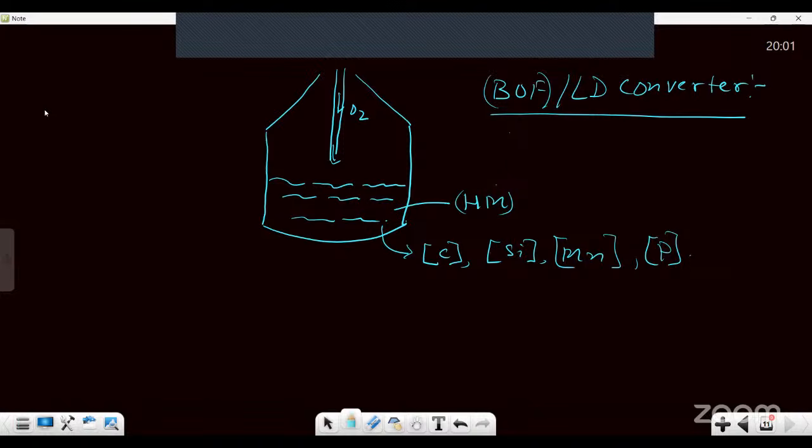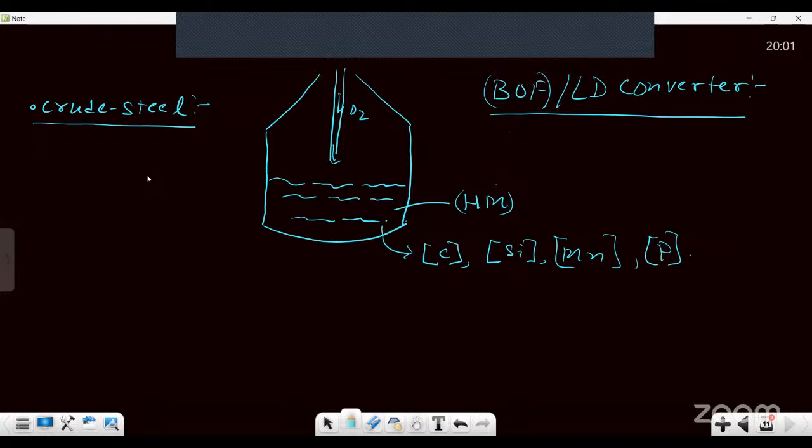Now you just see what is the composition that we would like to have in crude steel. Crude steel means there has to be more refining. After the primary steel making process, we will go for the secondary steel making process. In the secondary steel making process, there is going to be more refining. We will see why we have to go to the secondary steel making process.